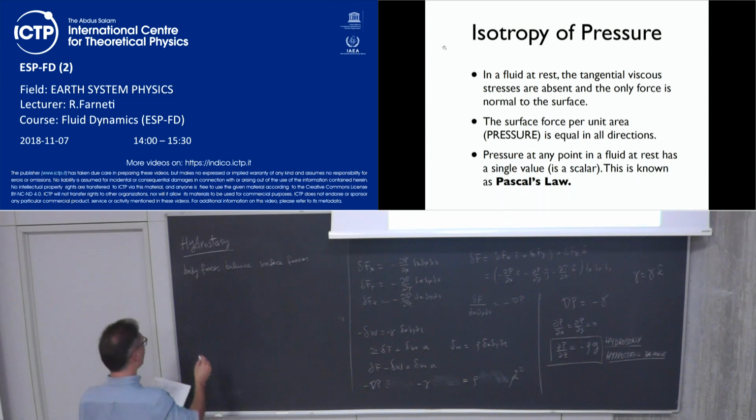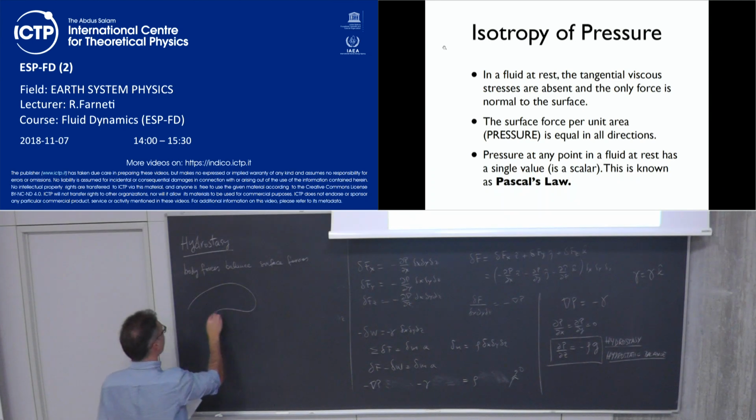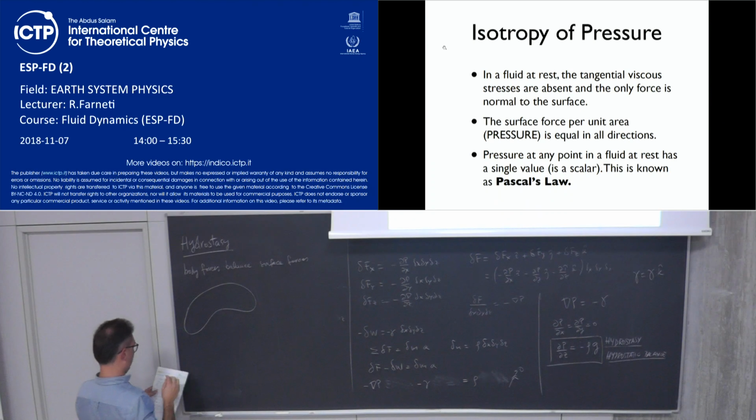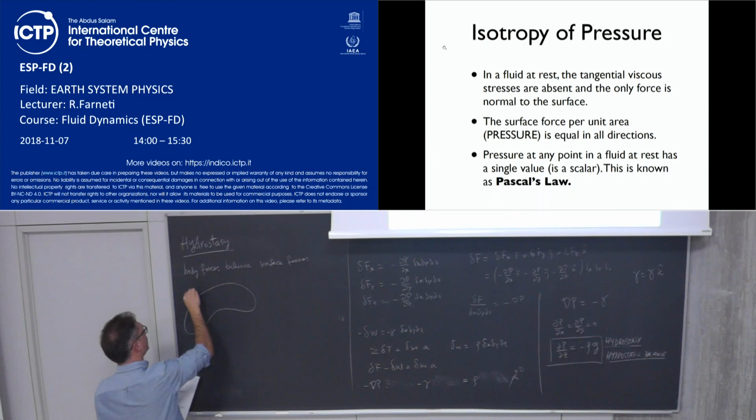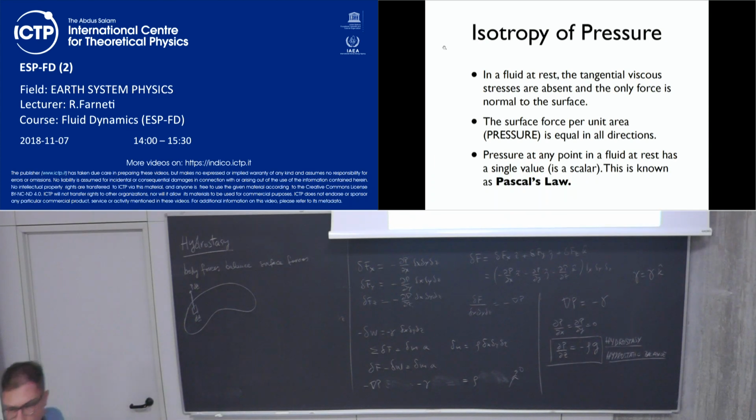Okay? So imagine an element of fluid which has this potato shape, something like that. On the surface we have this element of the surface dA, and pressure has a magnitude and a direction, P dA.